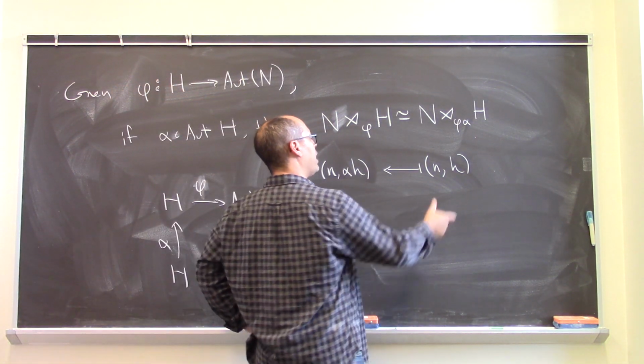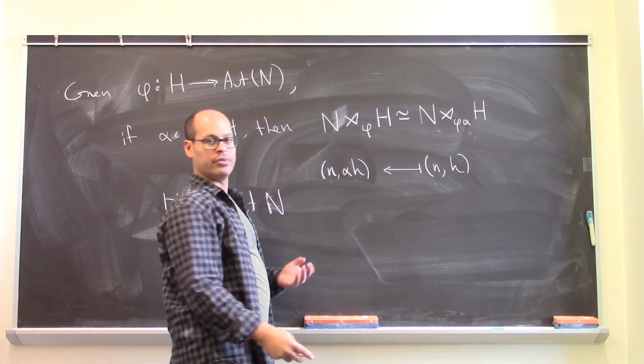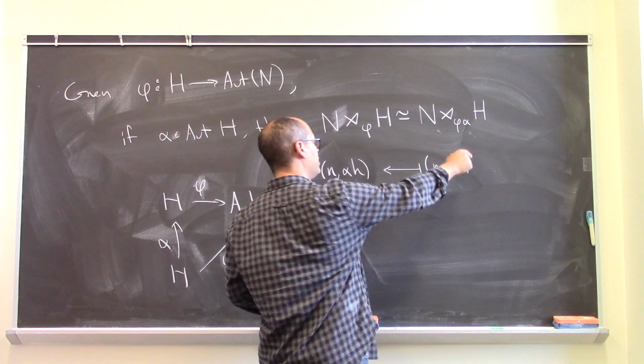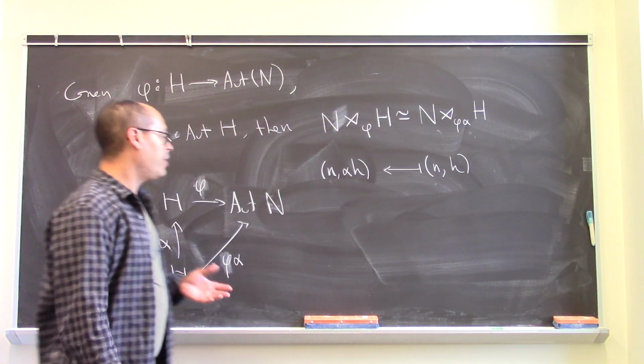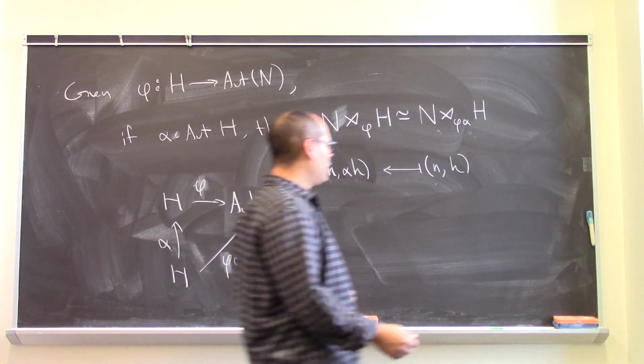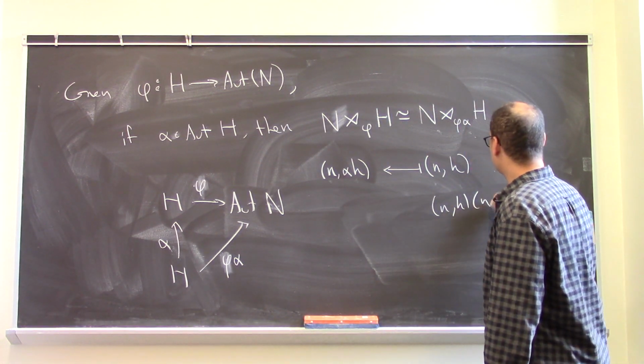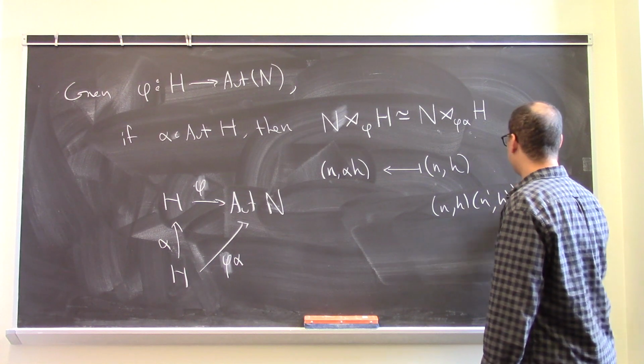If you look at the map that takes a pair (n, h) to the pair (n, alpha of h), with the obvious inverse where you apply alpha inverse, then you actually just go between these two group structures. Just to play with it a little bit, look at (n, h) times (n prime, h prime).